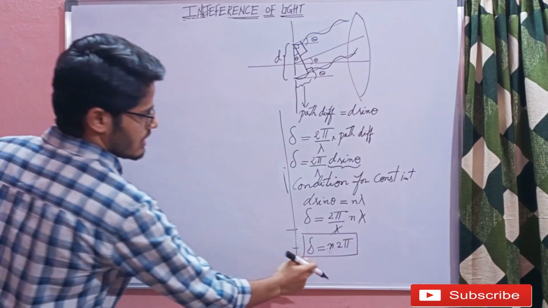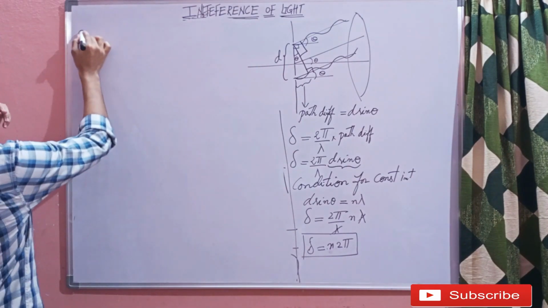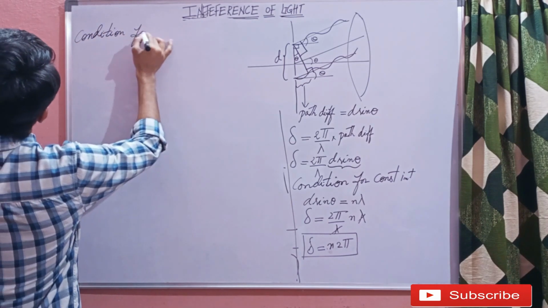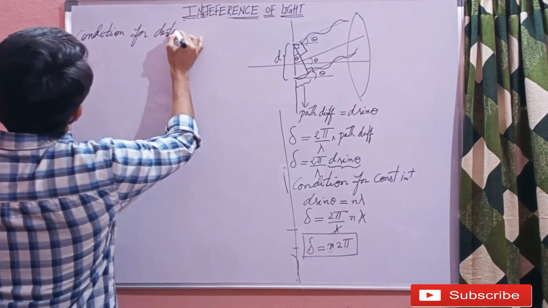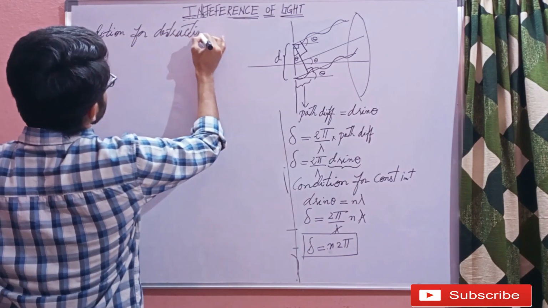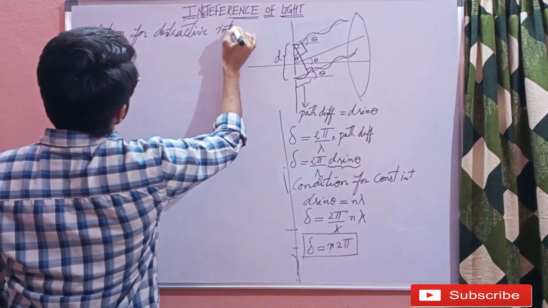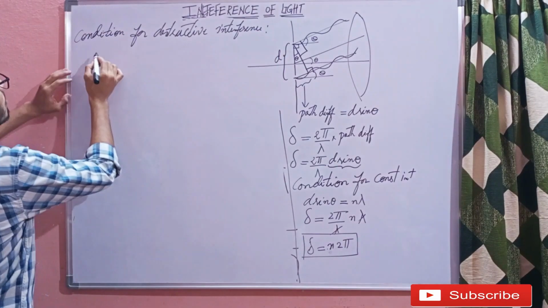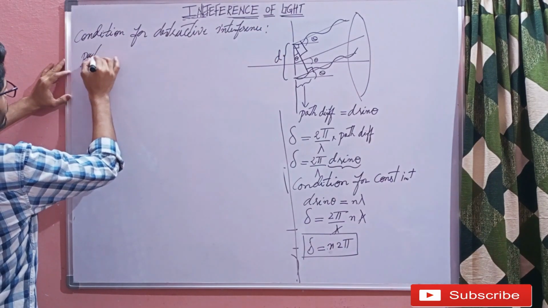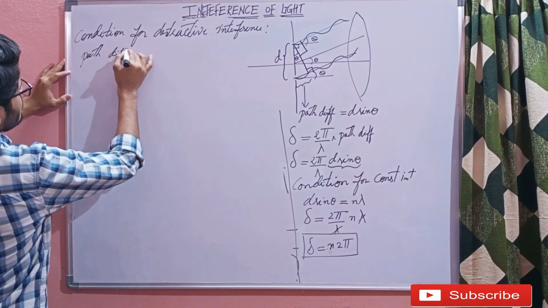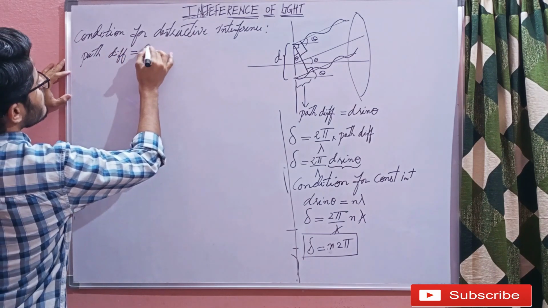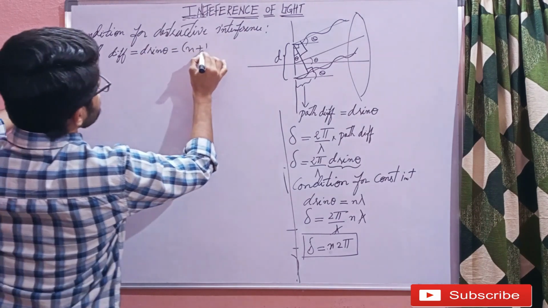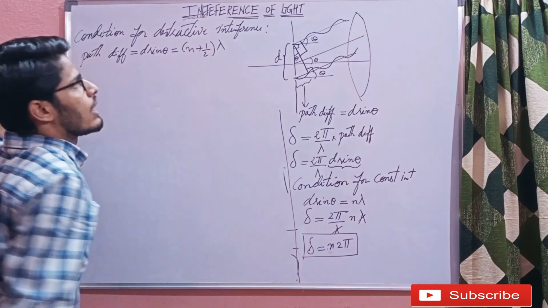Okay, you see now the condition for destructive interference is that the path difference, which is d sine theta, should be equal to n plus half into lambda.